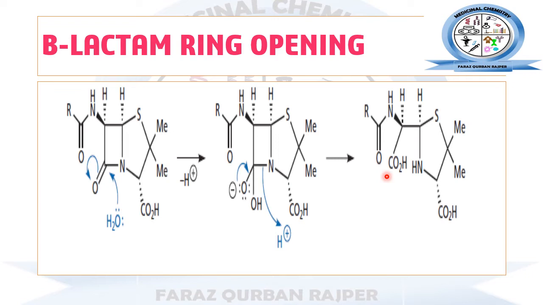So this is the reason behind the acid instability, and that's why it is unstable in acidic media. This is all happening because of the ring strain, because once it comes in contact with the acidic media, abnormal angles are formed, and due to that torsional strain, ultimately the ring opening occurs.